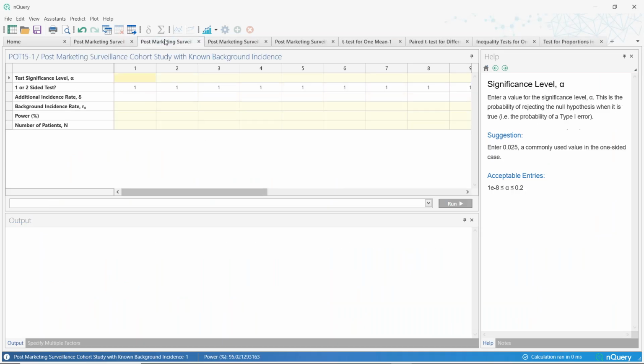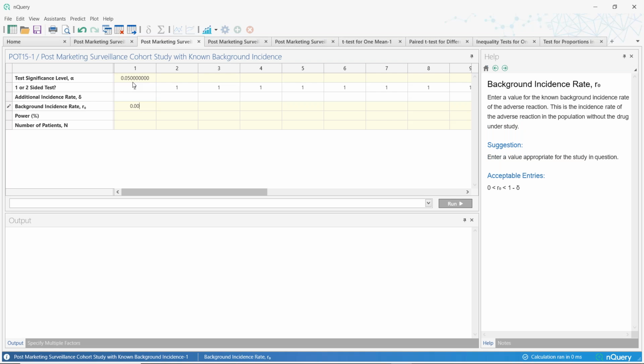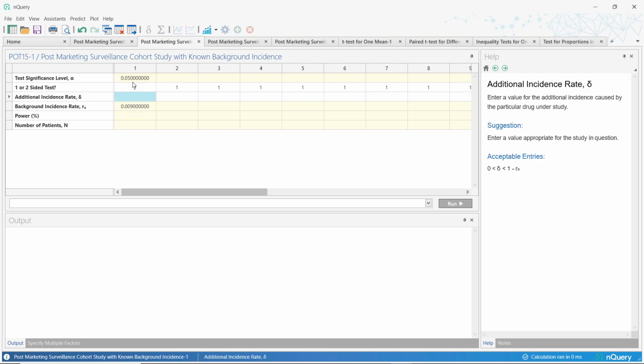So if we go to the other post-marketing surveillance table, POT15, and we enter 0.05 at the 2% level, the background incidence rate was 0.009, and they give in that sample size determination a doubling as what the new treatment could be maximally allowed to be. And what that means is the additional incidence rate, which is how much higher it is than the other one.